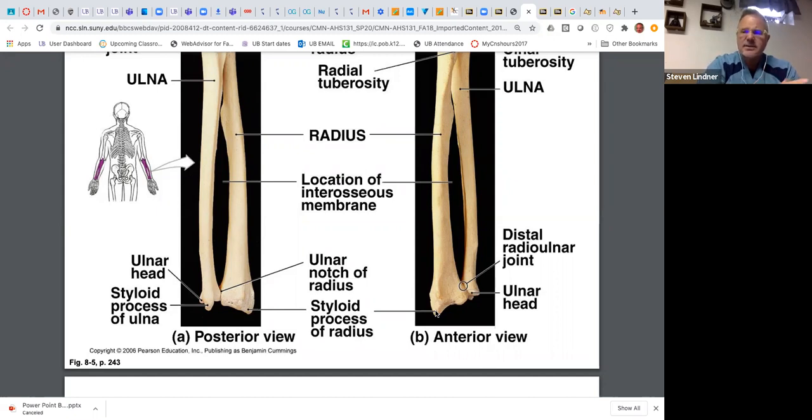It is the only muscle in the body that originates at the distal end of one bone, which is the distal end of the humerus, at the lateral epicondyle, and inserts at the distal end of another bone, the end of the radius, or radial styloid. There's no other muscle in the body that originates at the distal end of one bone and goes to the distal end of another, just a unique characteristic.